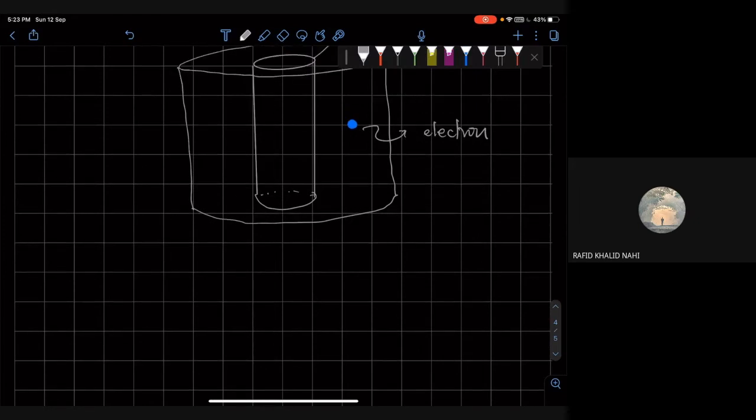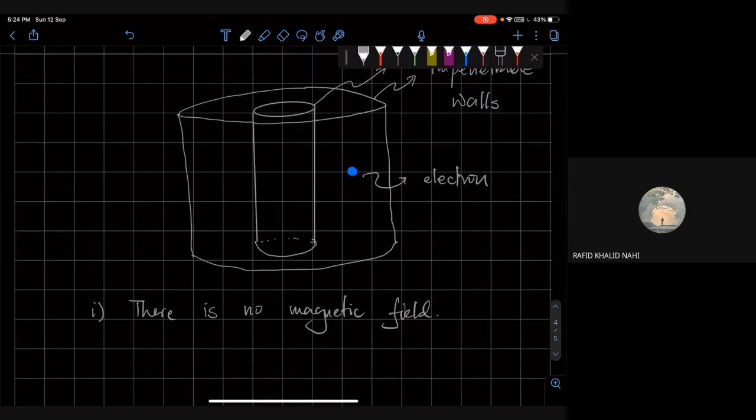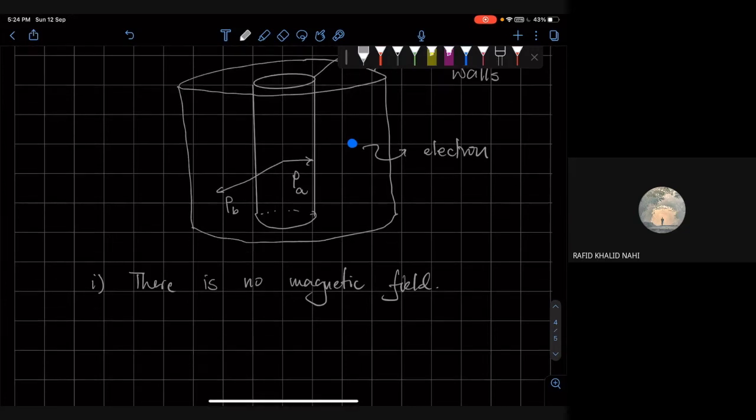So then we have two situations. In one situation, there is no magnetic field. By the way, let me call the radius of the inner cylinder rho A, and the radius of the outer cylinder rho B.